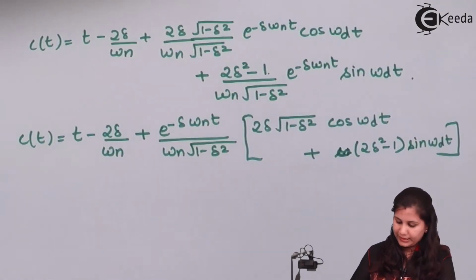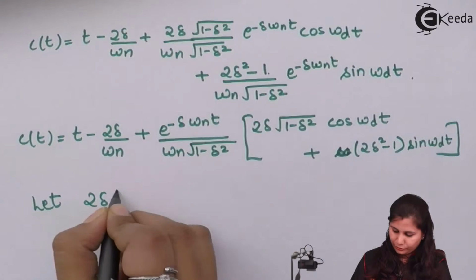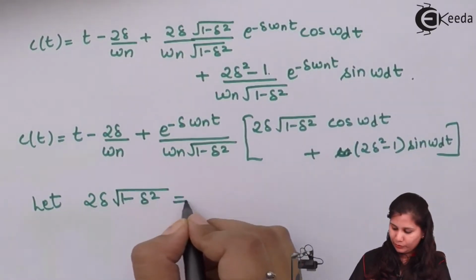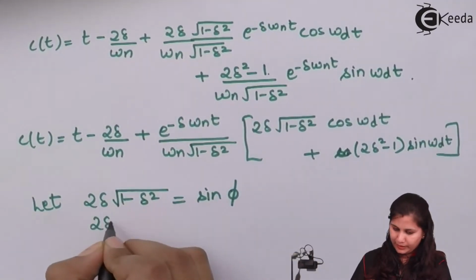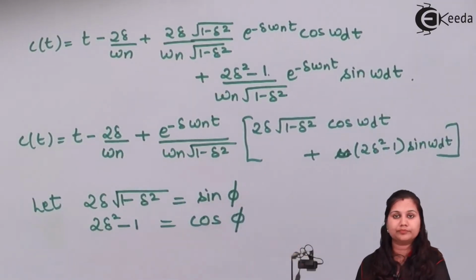Now let us suppose that 2 del under root of 1 minus del square is equal to sin phi, and 2 del square minus 1 is equal to cos phi.